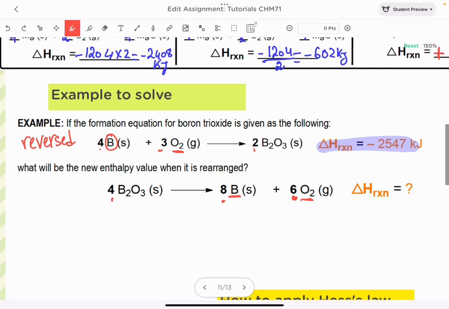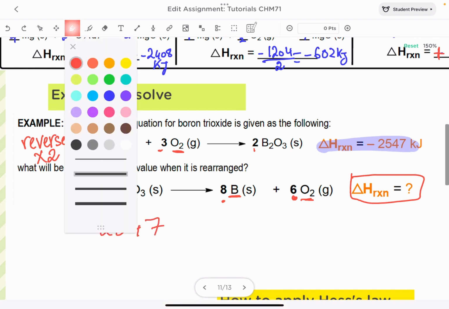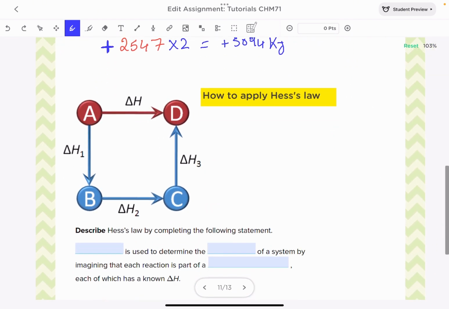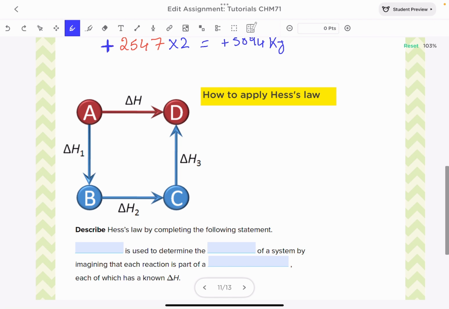So it seems that you reversed the given equation and you multiplied it by 2. So what will be the delta H? When I reverse, the negative becomes positive. And because you multiplied by 2, you need to multiply the enthalpy by 2 as well. So your answer must be positive 5094 kilojoule.